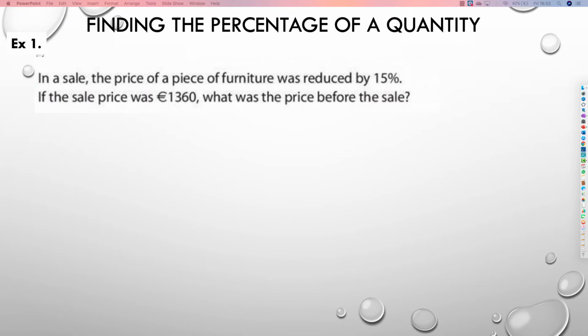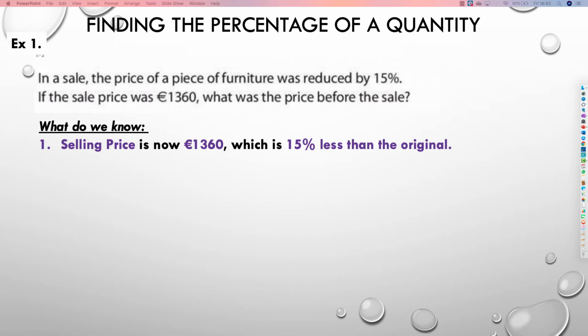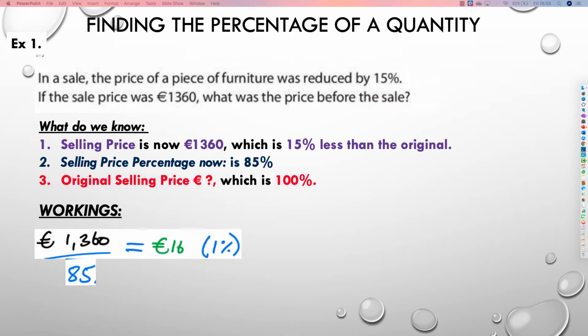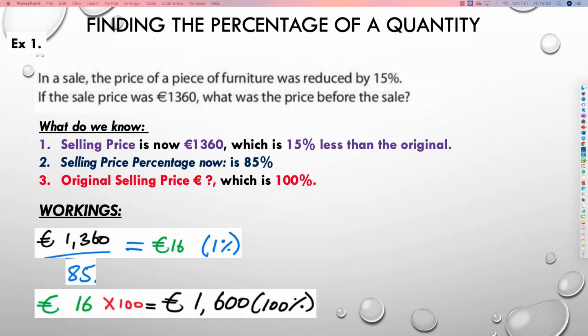Let's look. So, selling price is 1,360, which is 15% less than the original. That means the selling price is only 85%. So 1,360 divided by 85 is 16, multiplied by 100 is 1,600.